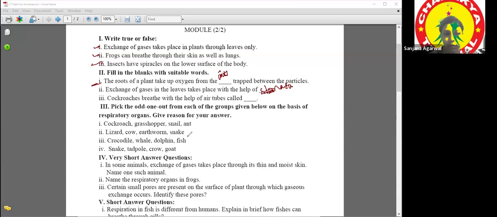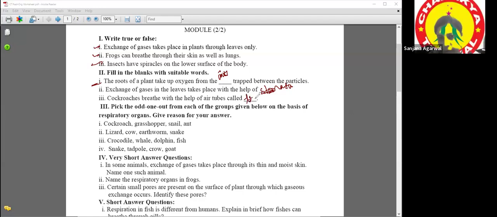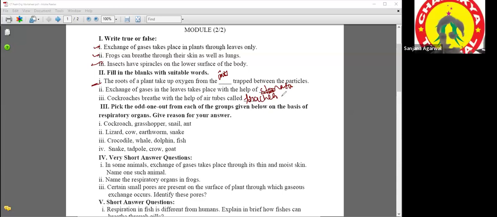Rishit, tell the answer of the third part and explain. Ma'am, cockroaches have tubes called trachea. Why not spiracles? Ma'am, because for humans we have a nose, and cockroaches have spiracles, so it's just an organ where the oxygen is taken in. Siddhant, spiracles are just the openings, like we have nostrils. It's not a tube. Okay.